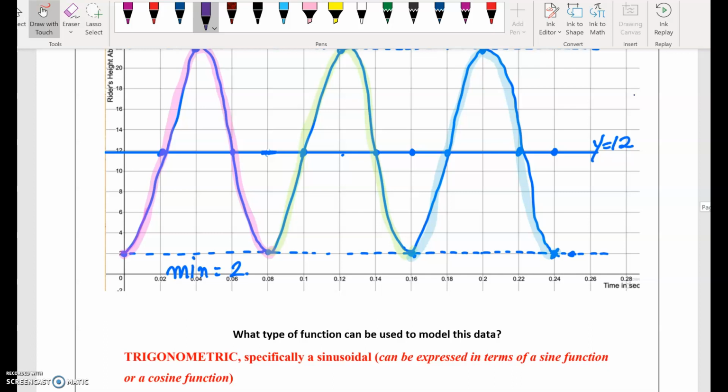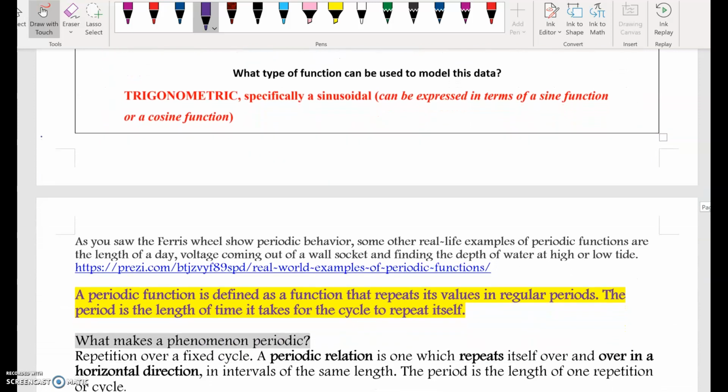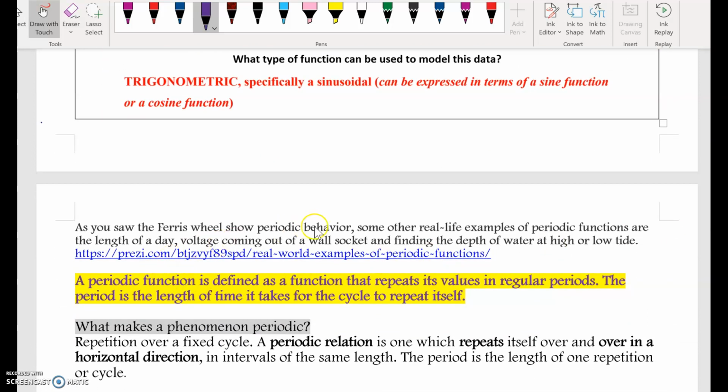Now, what is a periodic behavior? Let's go over the term. Just as the Ferris wheel shows, periodic behavior is defined as repeating its values in a regular period. The period is the length of time it takes for a cycle to repeat itself.